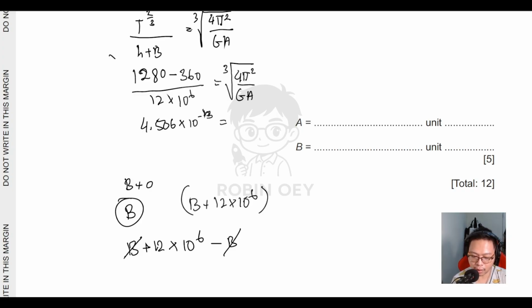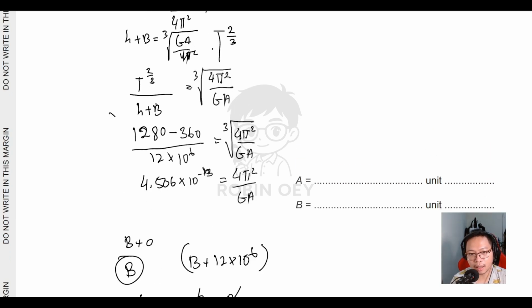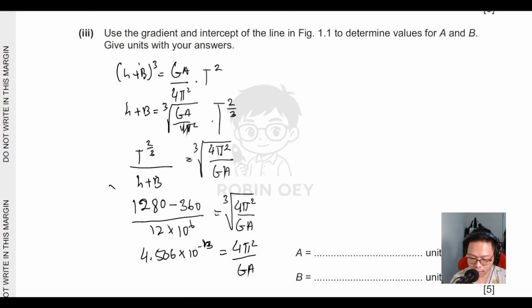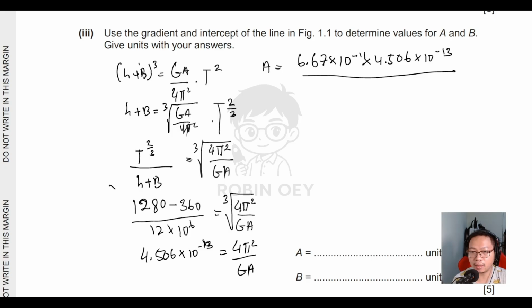That equals 4 pi squared over G A. Then from here I can get the A, which would be 6.67, the gravitational constant, times 10 to the power of negative 11, times 4.506 times 10 to the power of negative 13, which is the gradient that we got just now, divided by 4 pi squared.